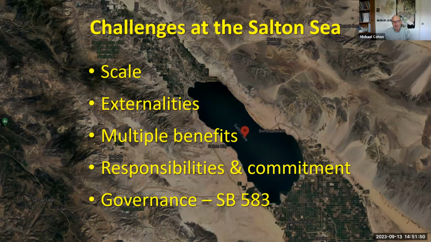So there's a host of public health challenges associated with the shrinking Salton Sea. Flip side of that is there are multiple benefits that can be achieved at the Salton Sea by building a project that addresses the needs of the communities and the species that rely on the Salton Sea.